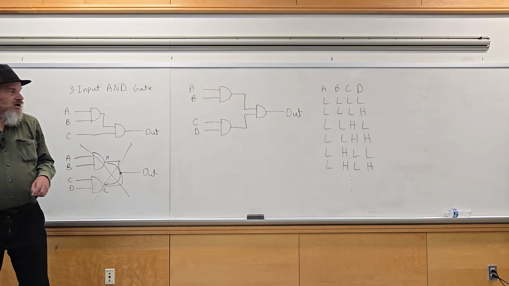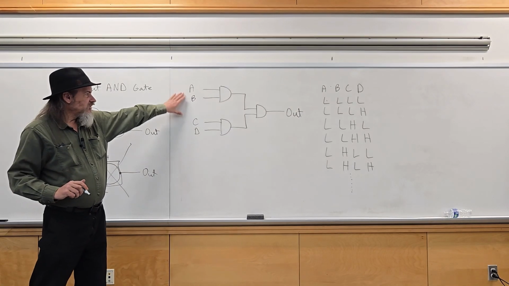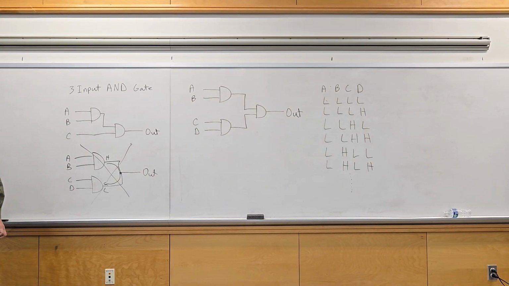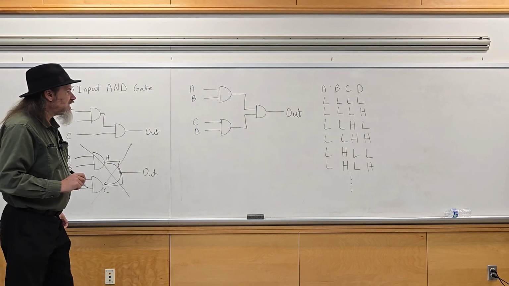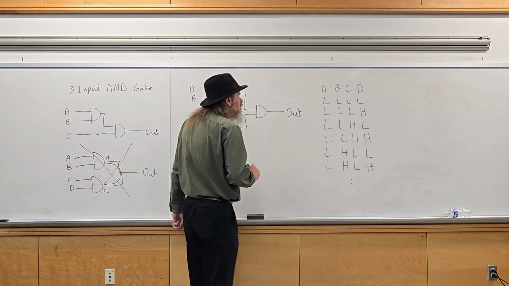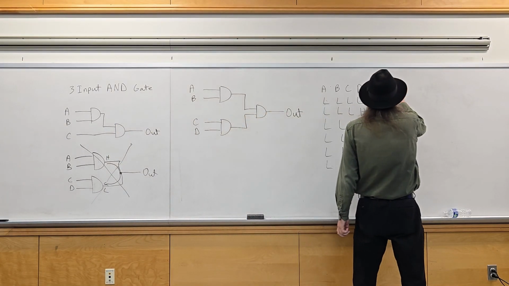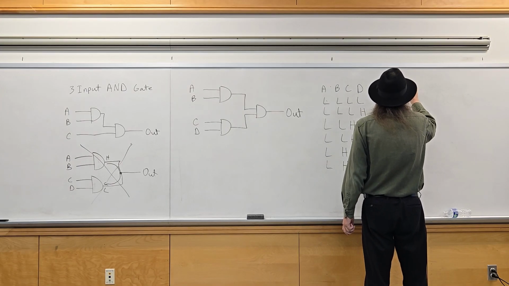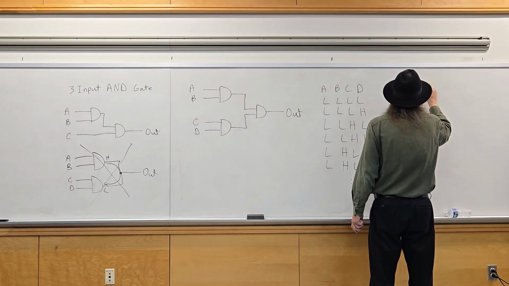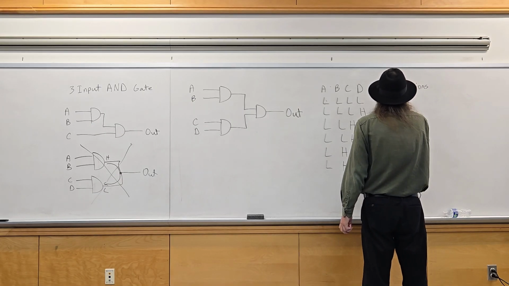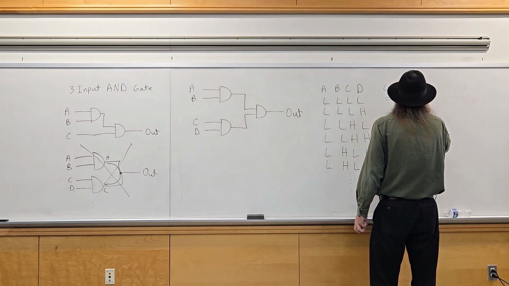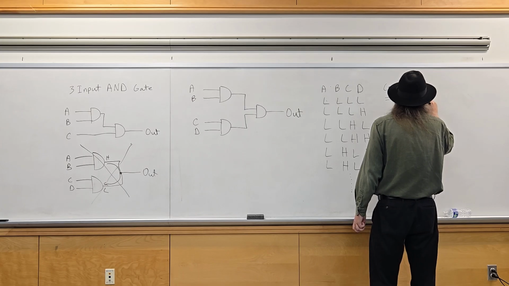There would be, in this case, 16 possible input combinations, because combinations equals 2 to the n combos.